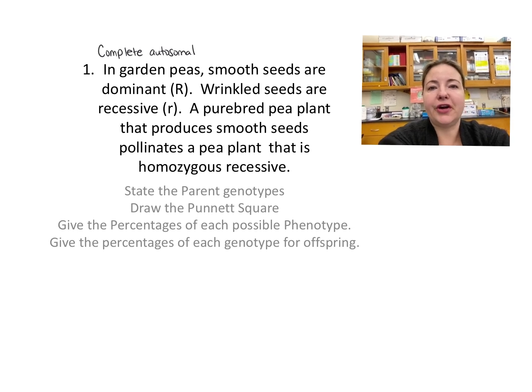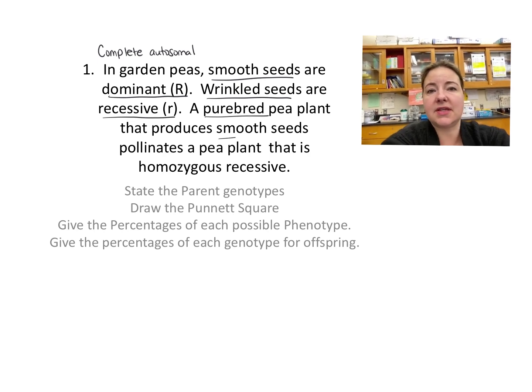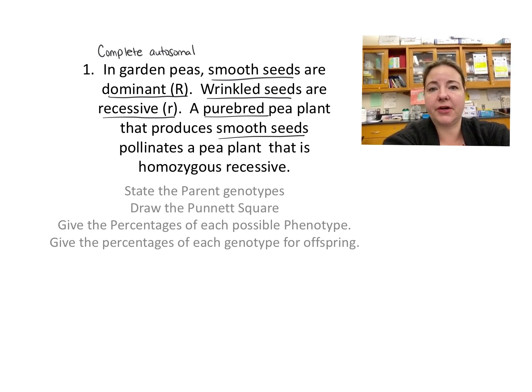All right, so for our first example, we have a complete autosomal problem. It says in garden peas, smooth seeds are dominant. We're going to use a capital R for that. Wrinkled seeds are recessive, and we have a purebred pea plant that has smooth seeds. So first of all, we do want to identify those parent genotypes.